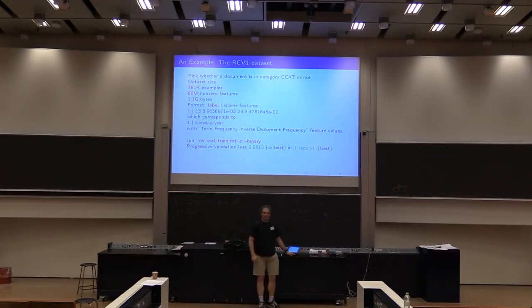Okay, so this seems all good. It seems like the problem is solved, takes a second to learn, you get a very good solution. But there's a caveat. The caveat is that doing the TF-IDF transform is actually pretty non-trivial. You have to load the whole data set, you have to do a bunch of counting on it. It's not naturally an online operation like the learning algorithm itself.